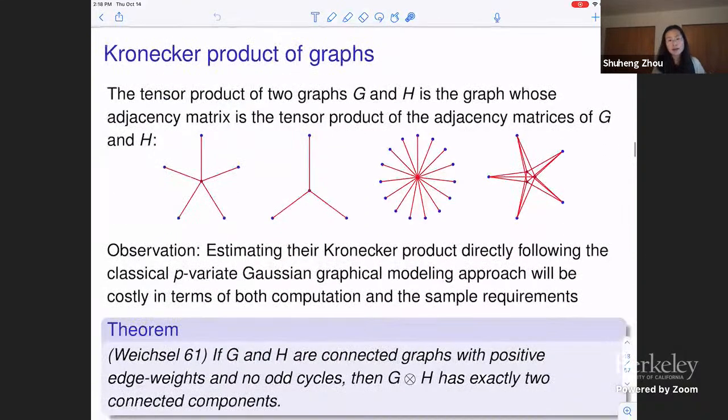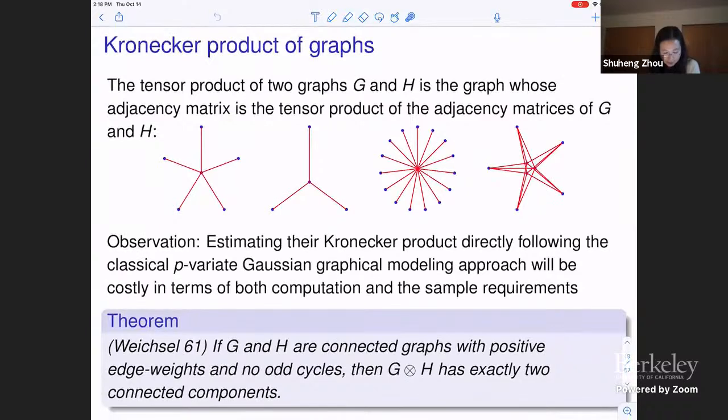So the Kronecker product of graphs is a very interesting object. I believe there are many recent studies about this object in the computer science literature. But as early as 1961, there is a theorem which shows that if you combine this hub graph with 6 nodes with a hub graph of 4 nodes, you get a very interesting object.